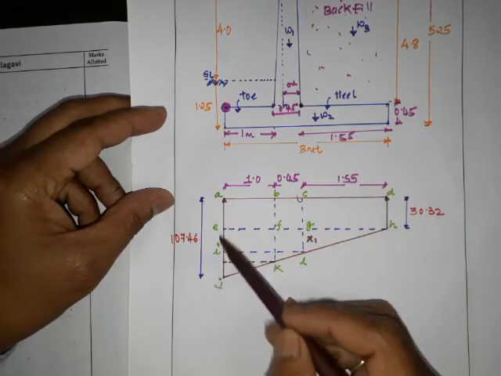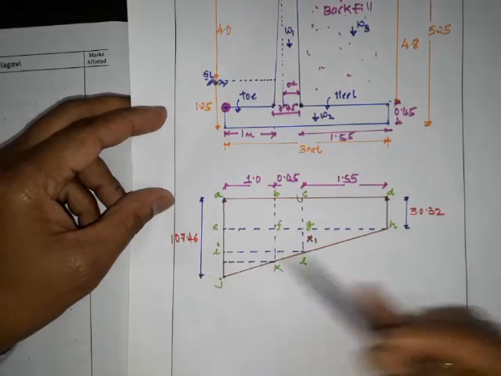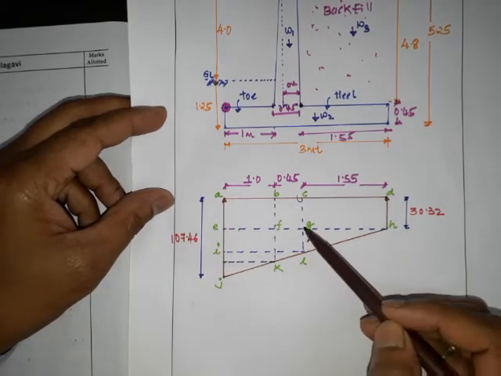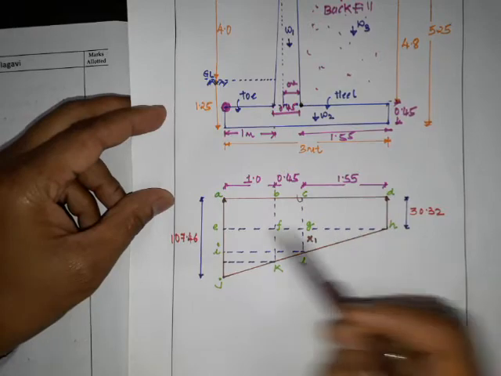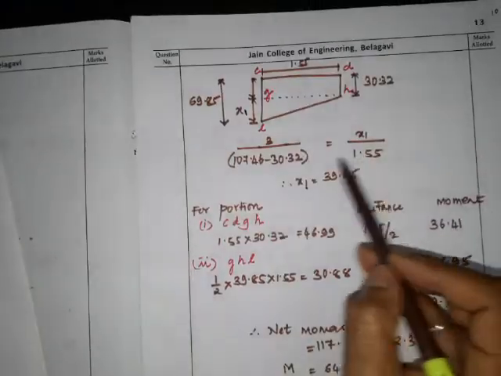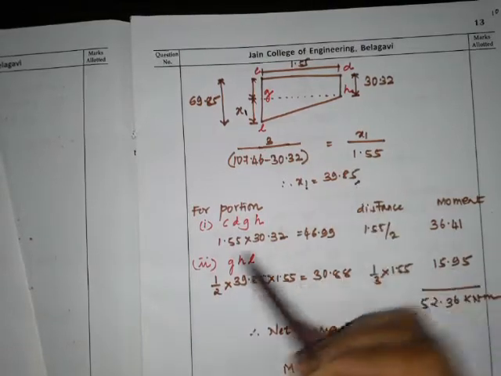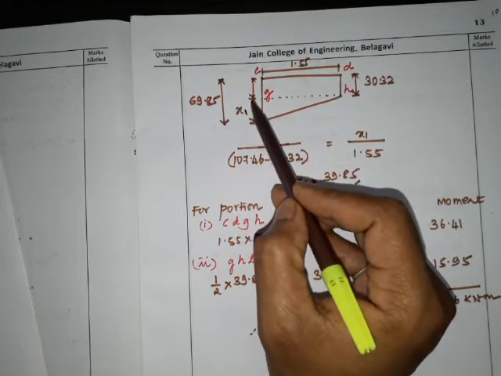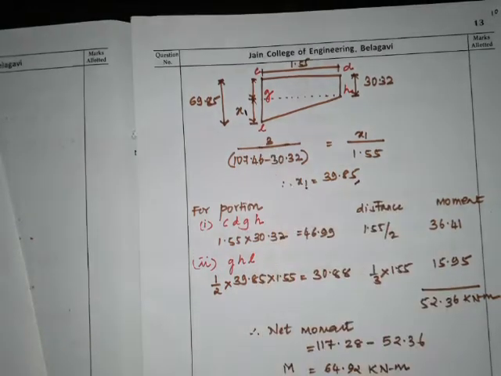We get this total height as 107.46 minus 30.32, and you have to find x1 here. So 3 divided by this equals 1.55 divided by x1. From that we get x1, which is the height of, or the base width of, the triangular portion.